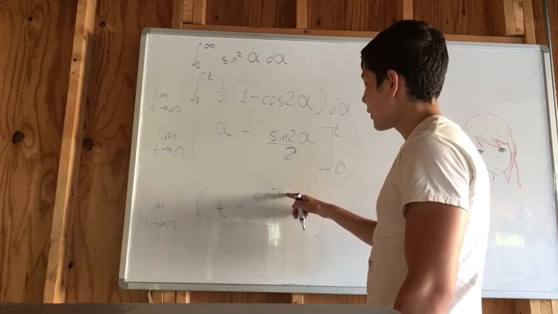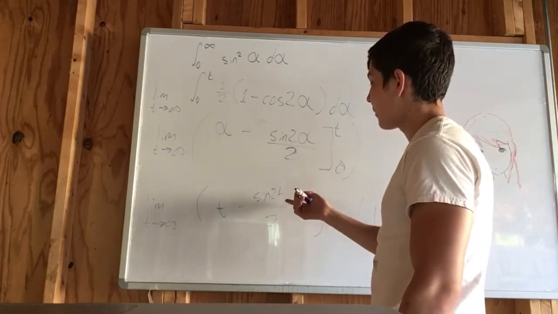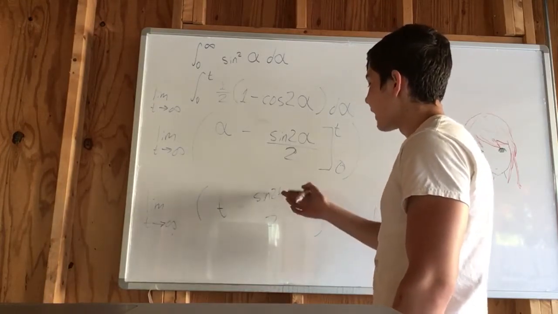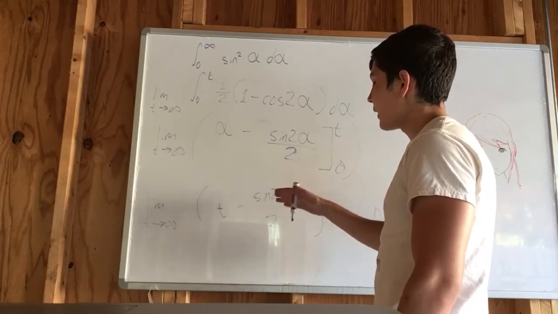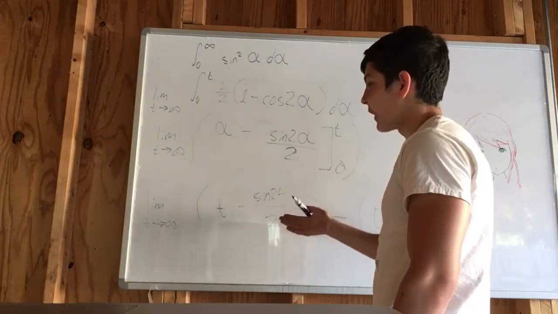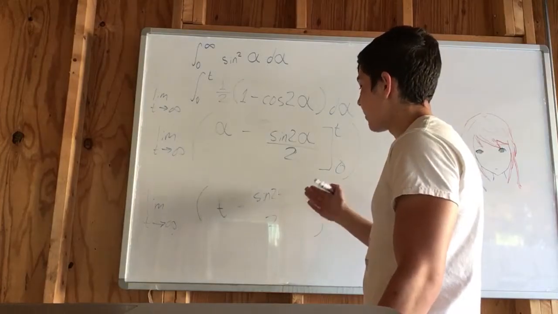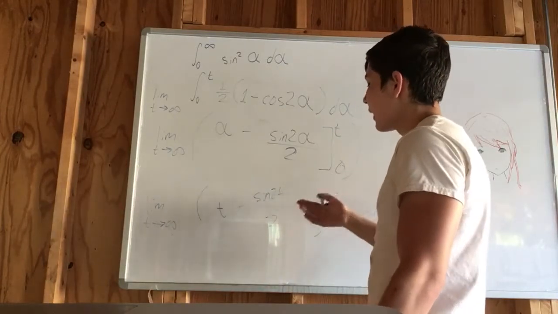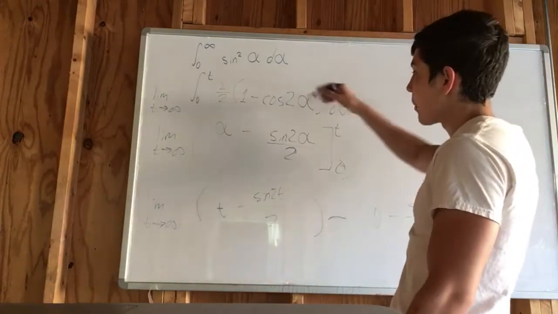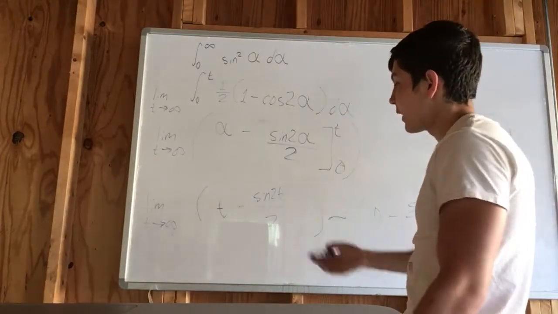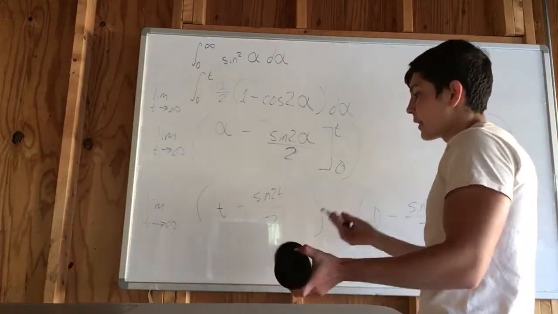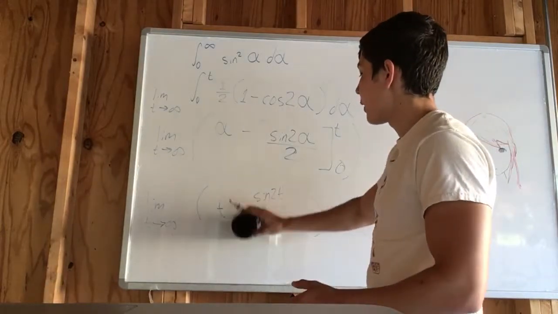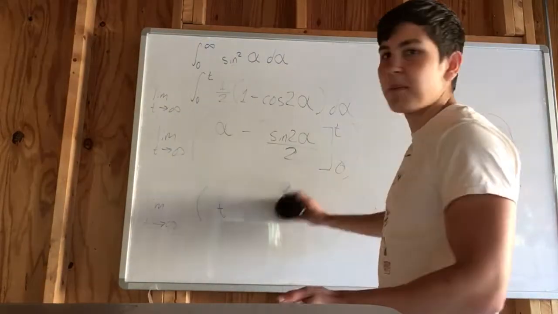If you keep changing numbers here, you're just going to get fluctuating numbers. You could keep increasing the input, and sine is not really growing and growing and growing. It's just fluctuating, because remember, the graph of sine and the graph of sine of 2 times something is pretty much the same. So this is just infinity.